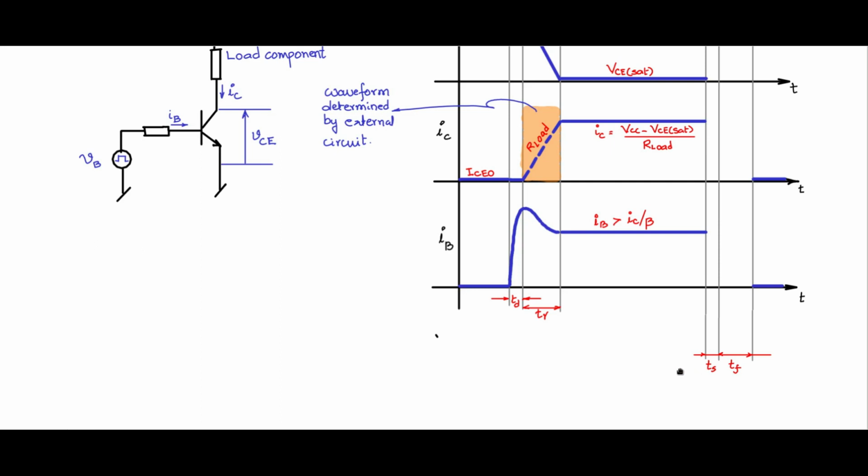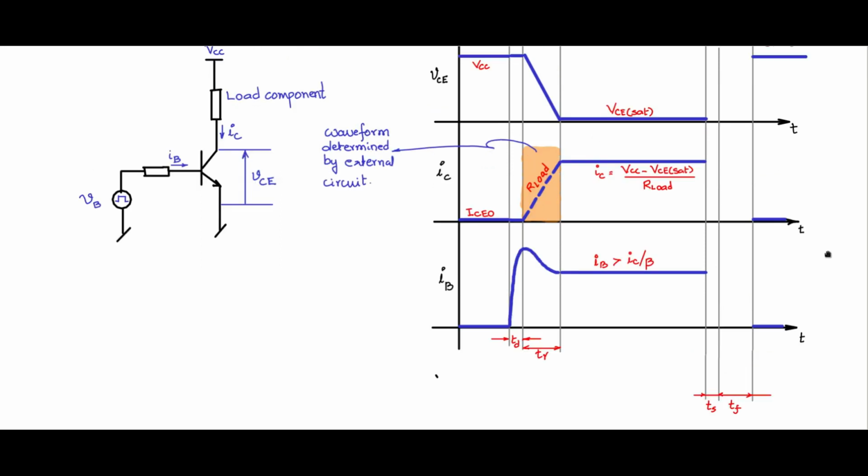Just as a memory guideline, TR and TF, the rise time and the fall time, are always associated with the current waveform. When the current waveform is rising, the time corresponding to that is the rise time TR. When the current waveform is falling, the time associated with that is the fall time TF. So that is a memory tip.